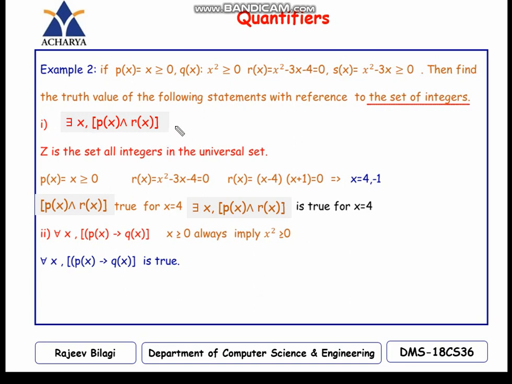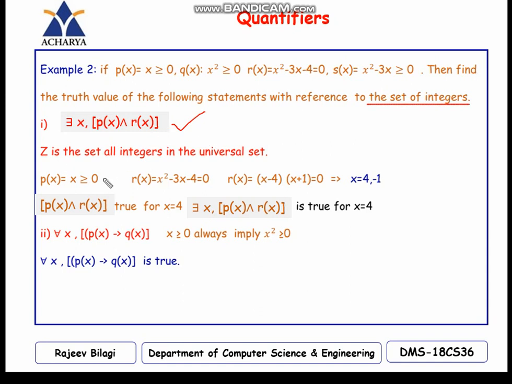Now the first one is: for some values of x, P of x and R of x, where both the statements will be true or false.